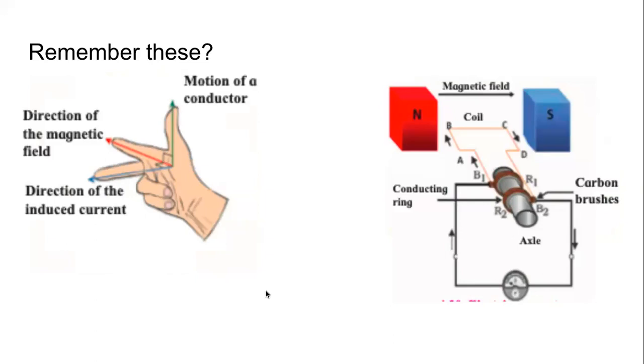Do you remember these? What is the symbol on the left hand side? What is the diagram on the right hand side? Prachi says it's Fleming's right hand rule. Yes, it is about the right hand. It is Fleming's right hand rule. And Khadija says the second one is a DC generator. Really?